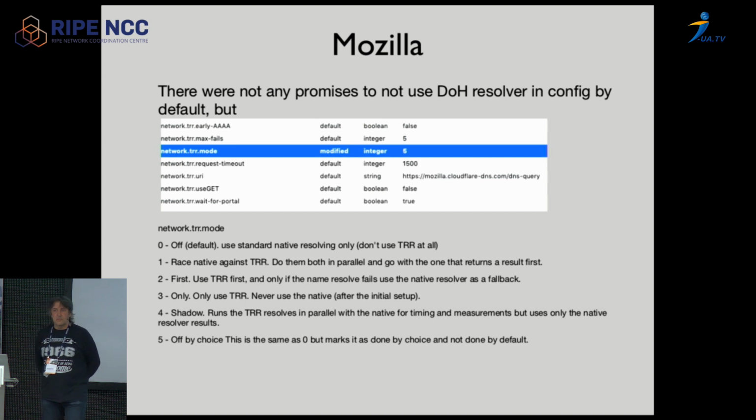They never promised not to have it by default, but there are these settings in Mozilla which are used under the general term TRR, and by default it is 0, which means we are using what is set by Mozilla by default.